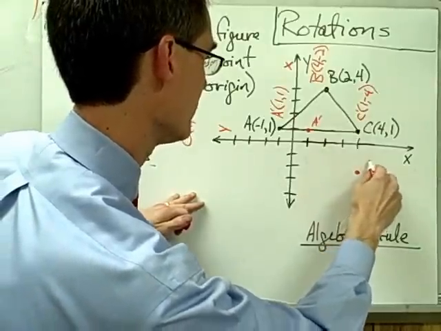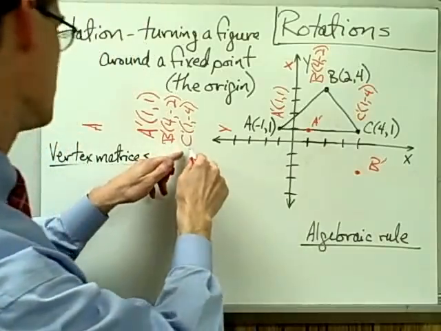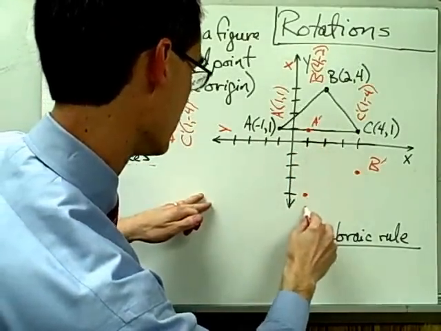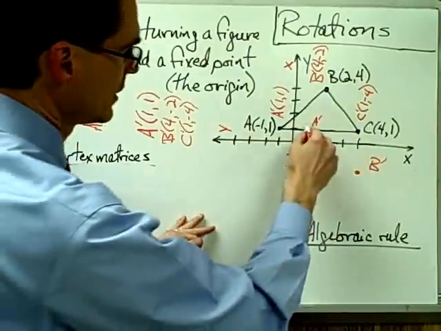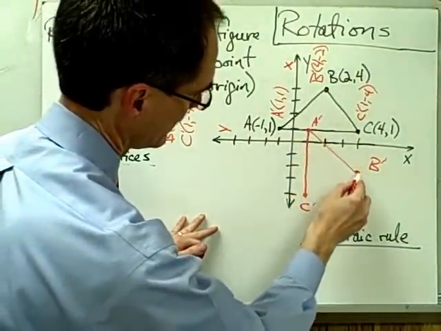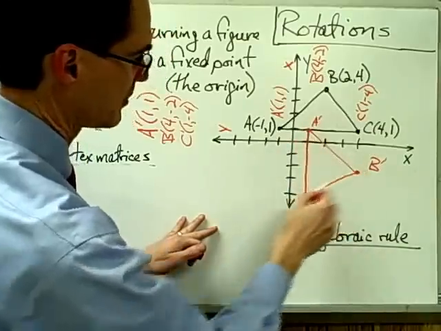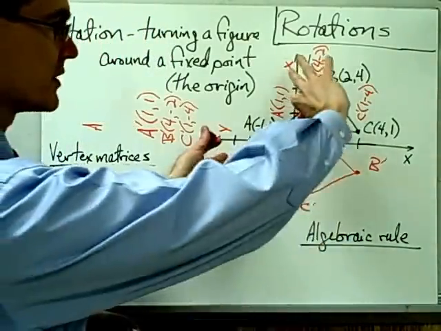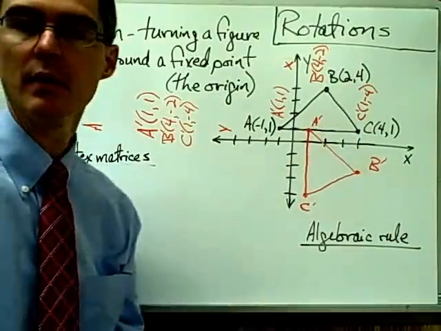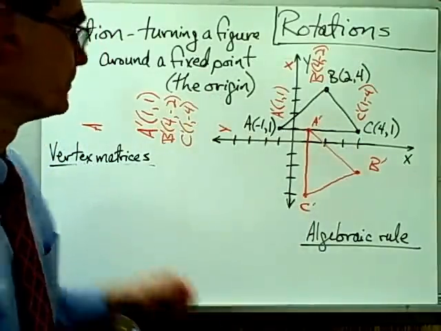Here's B prime. And C prime is at 1, negative 4, and here's C prime. If I connect up these vertices, I have my triangle A prime, B prime, C prime, and you can see that I've rotated this triangle 90 degrees clockwise.